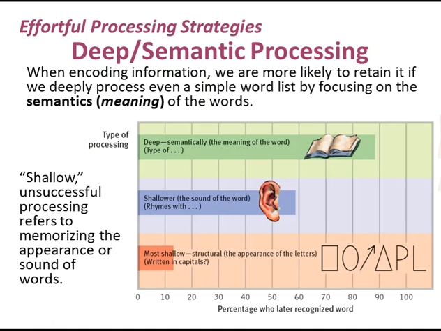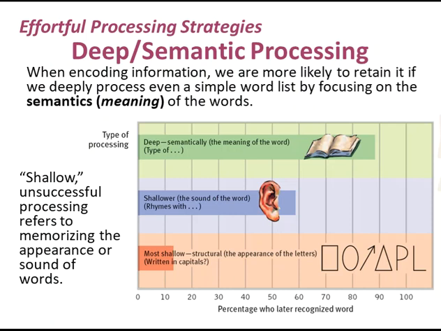Then we have deep semantic processing. When encoding information, we're more likely to retain it if we deeply process even a simple word list by focusing on semantics, the meaning of the words.